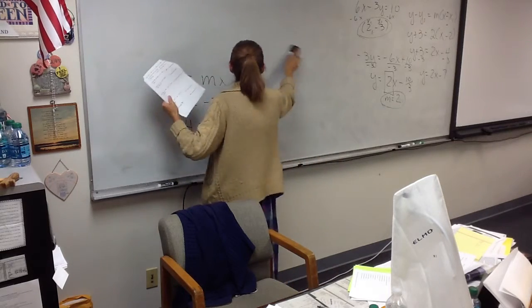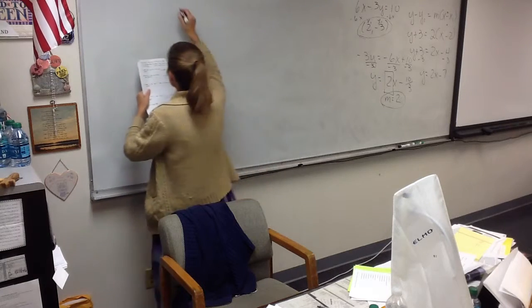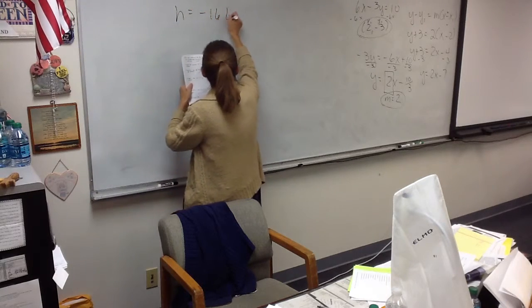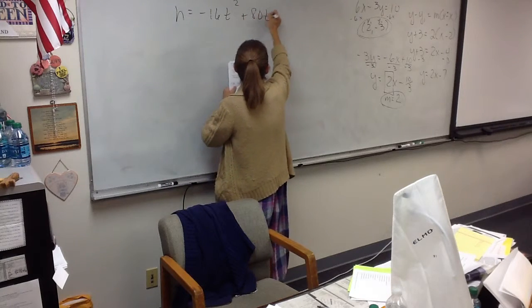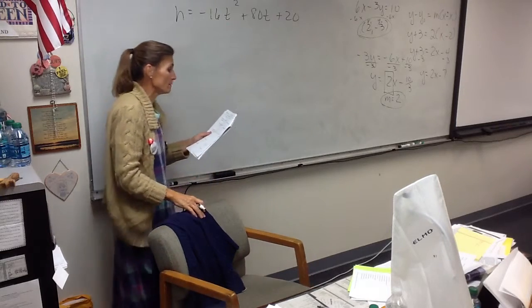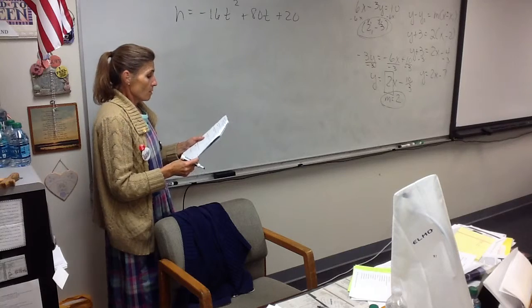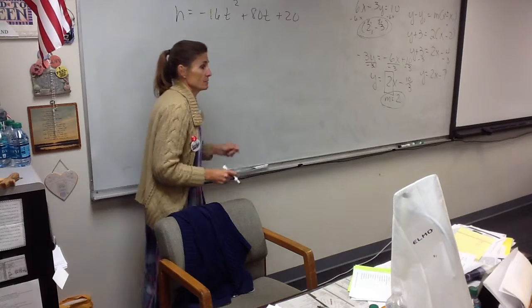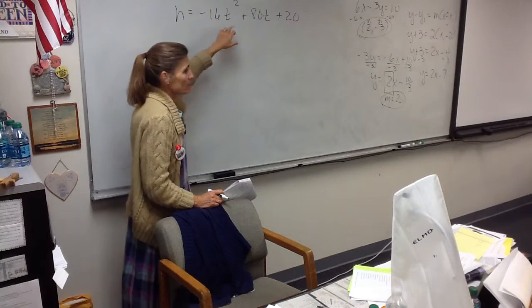I need my equation to do the problem, so I have to go back up and get that. So the equation is h equals negative 16t squared plus 80t plus 20. That's the equation I'm going to use to solve all of these problems on this page. When is the ball on the ground? Remember, there are two variables.